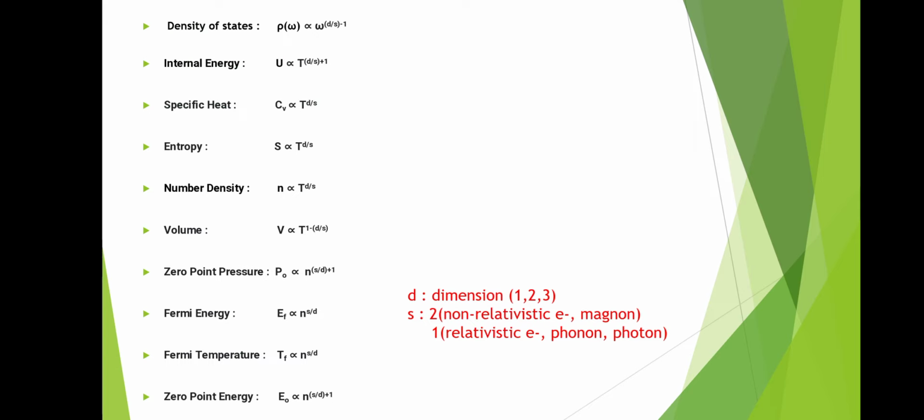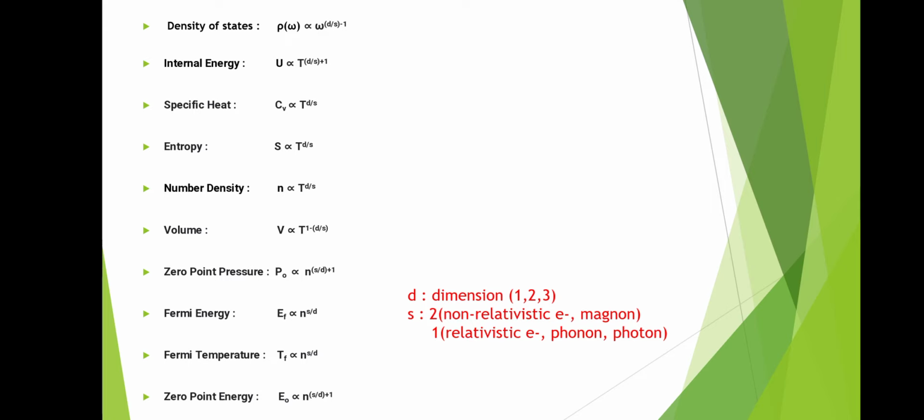So here I have discussed some parameters and their dependencies, like density of states is dependent on omega, that is frequency, as omega raised to power d by s minus 1, where d equals dimension, that is, in what dimension we are talking about.